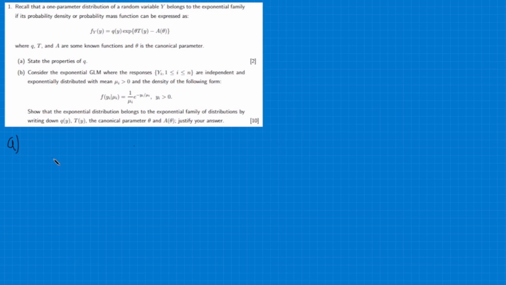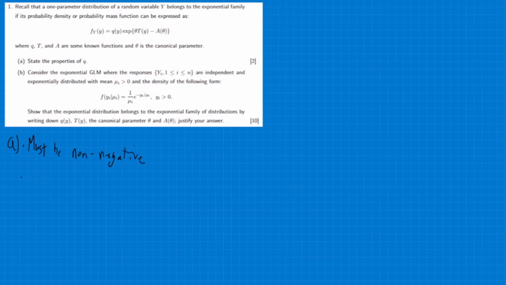So we know it wants to get that form. For A, we know the properties of q, from the lecture notes or the series that I've just done. We know that q must be non-negative, and that it must integrate or sum to 1 for all values of theta, like a normal probability mass function.